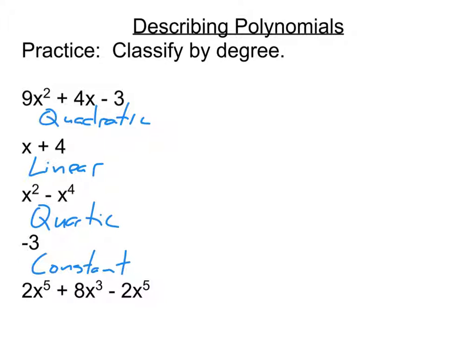All right, now this last one. This last one's going to be a little extra tricky, because there's two different answers we could possibly come up with on this one. One possible answer is that we could say that it is quintic, because the highest exponent here is a 5. However, you notice that the 2x to the 5th minus 2x to the 5th would cancel each other out. So that whole thing actually equals 8x cubed. And then I could say that it's cubic. So which one is it?